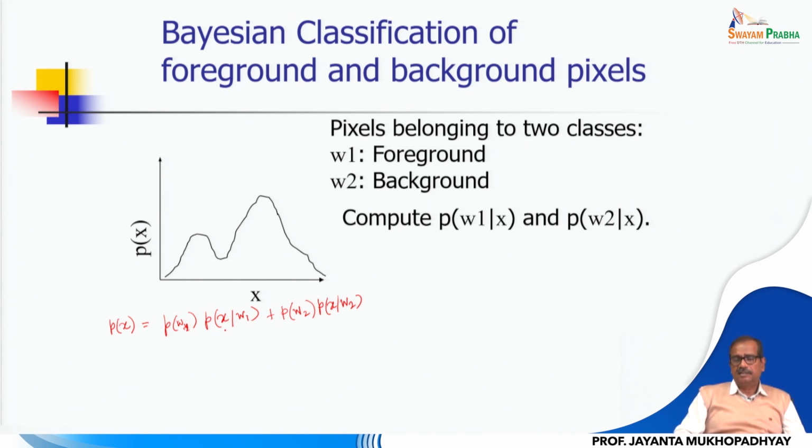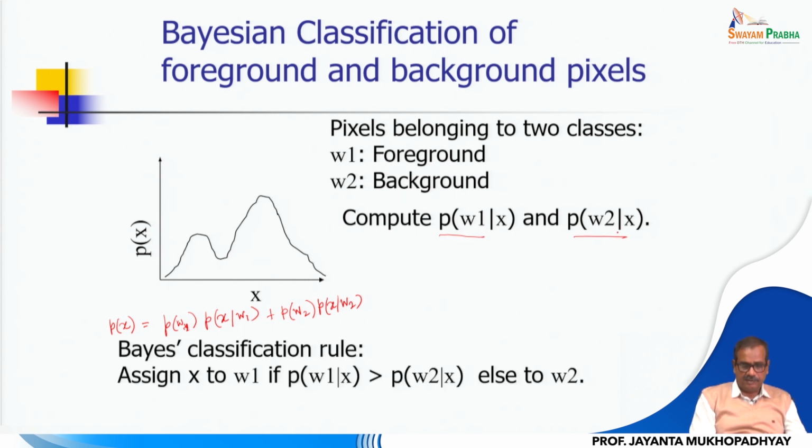For the Bayesian classification rule, we rather compute the probability of a class given that observation. That is called the posterior probability. So we compute probability of W1 given x and probability of W2 given x, and we assign to x the class whose probability is larger. This is the rule. So how do we compute this posterior probability?